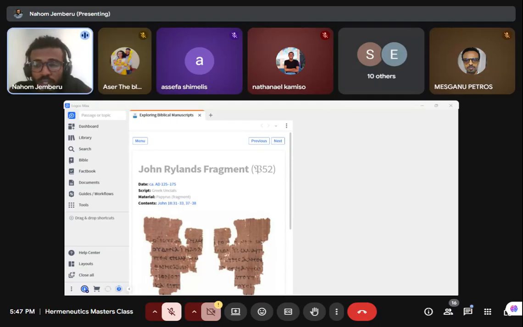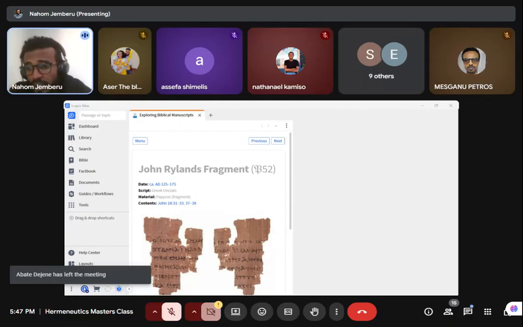So textual criticism tries to do this. It takes into consideration all the various ancient manuscripts we have of the New Testament and the Old Testament, and compares them with each other. It's a complex process. It's a field on its own.